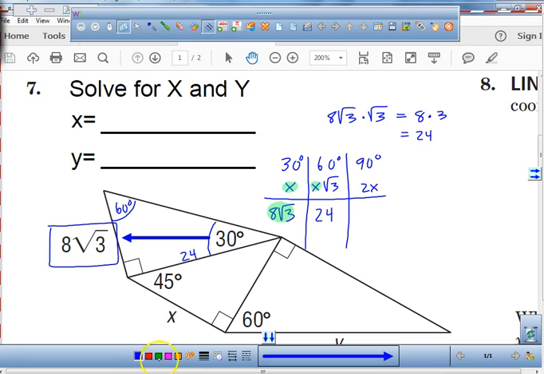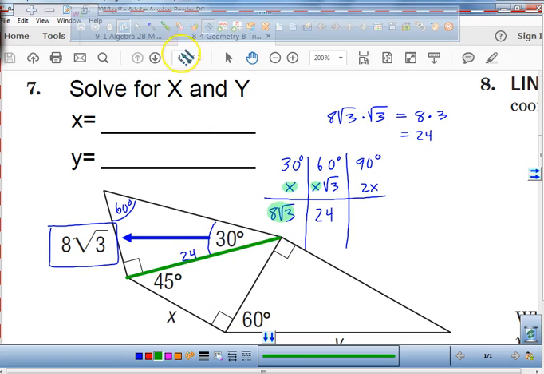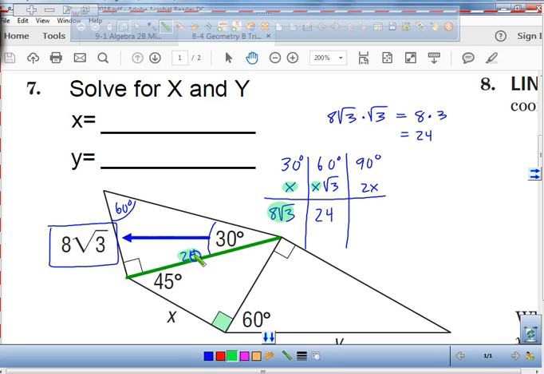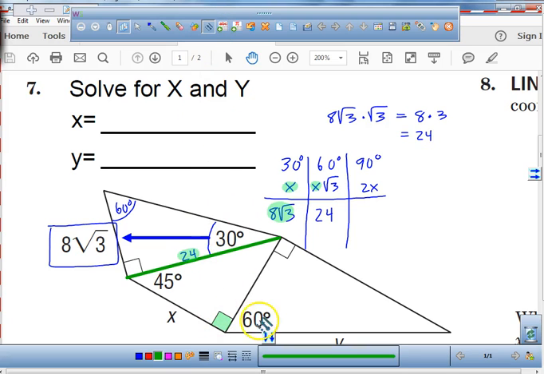Now, why did we do that? The reason we did that and wanted to find that side is we need to understand that that 24 is actually the hypotenuse of the 45, 45, 90 triangle that's directly below it. So we have this side. We found the 60-degree side because we're going to now use this 24 right here because it's directly across from the right angle.